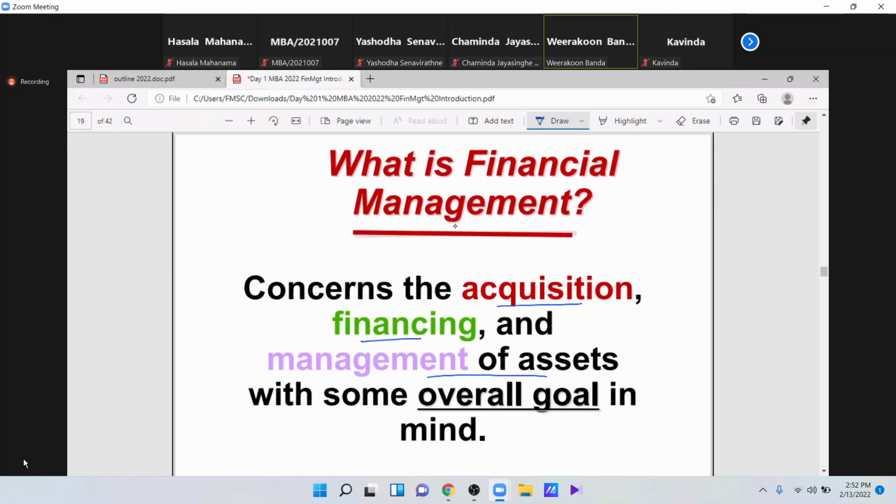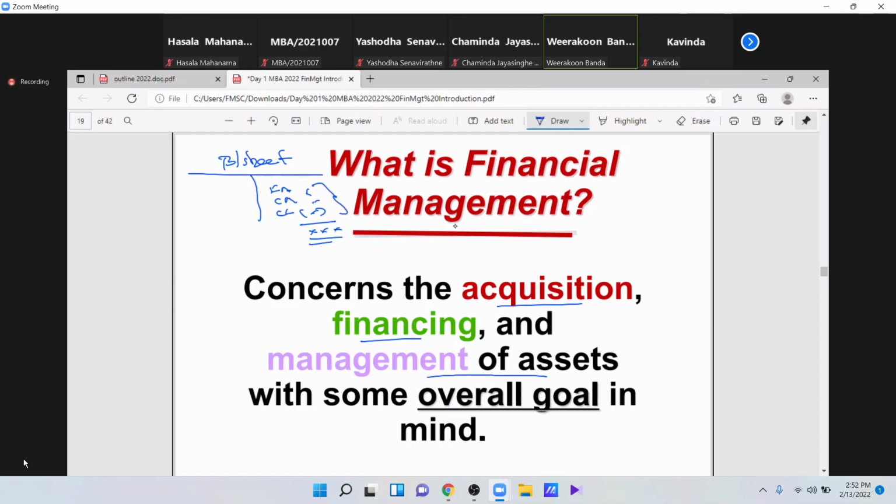In a company, if you remember the balance sheet model here, acquisitions means this side. There are fixed assets, current assets, and so on. Then ultimately you have some particular investment. This is called acquisitions.